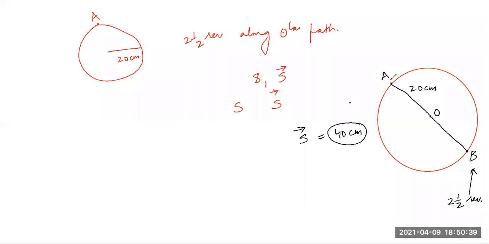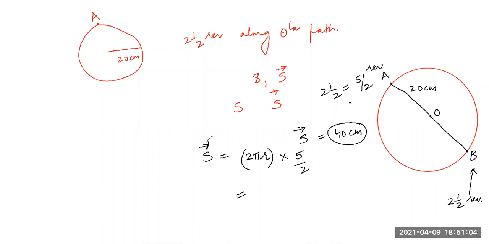Wow, very good, great. But what is the distance traveled? Distance traveled in one revolution is 2 pi r, right? So in 2.5 revolution, that means 5 by 2 revolution, simply multiply by 5 by 2.